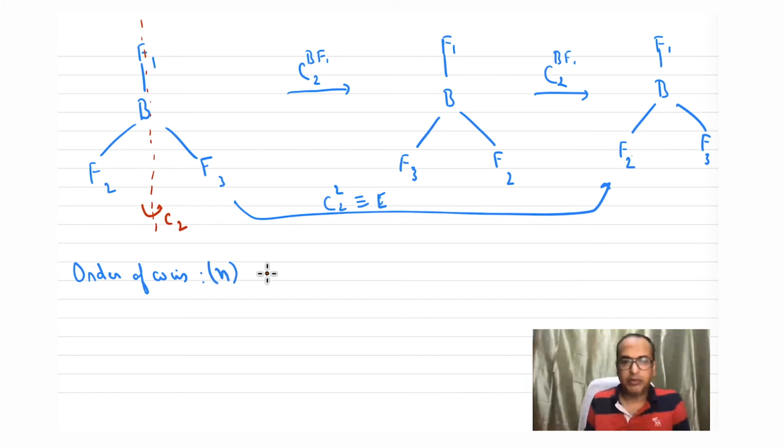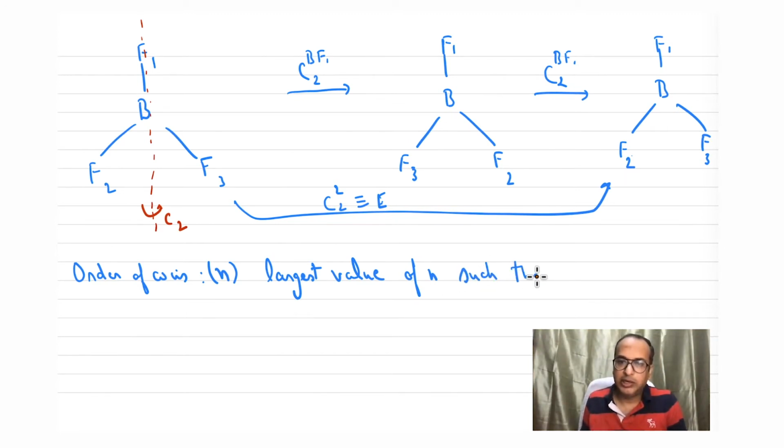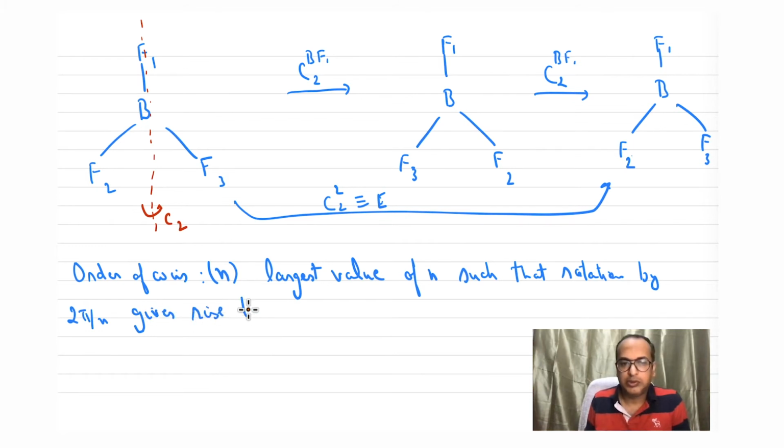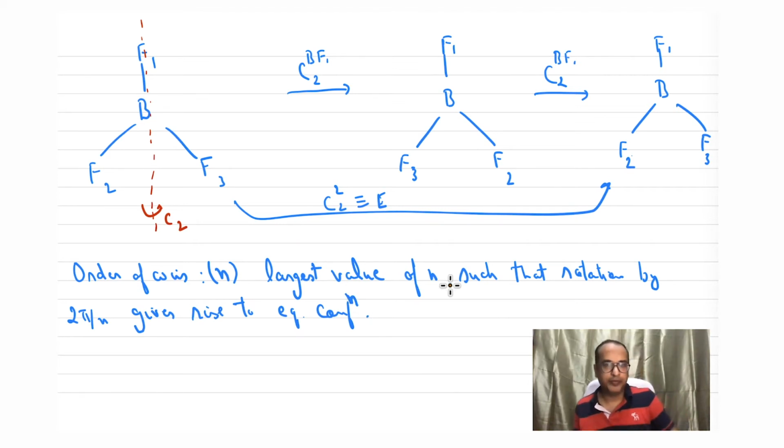N. So it's defined by N. So it's the largest rotation. So we can say largest value of N such that rotation by 2 pi by N gives rise to equivalent configuration, right?